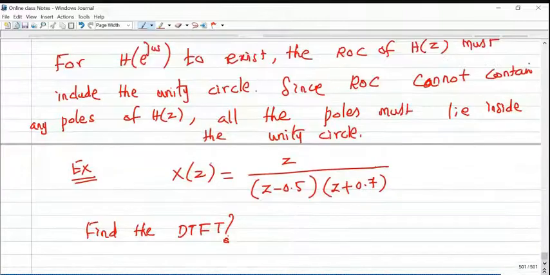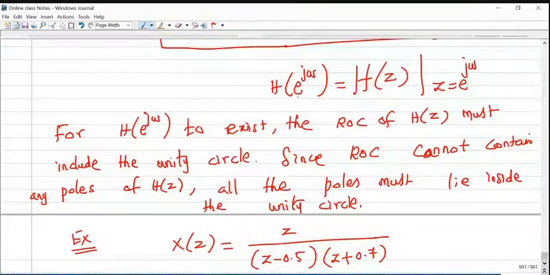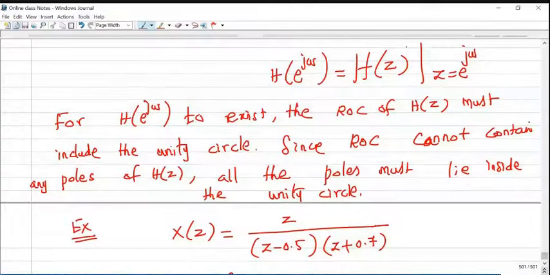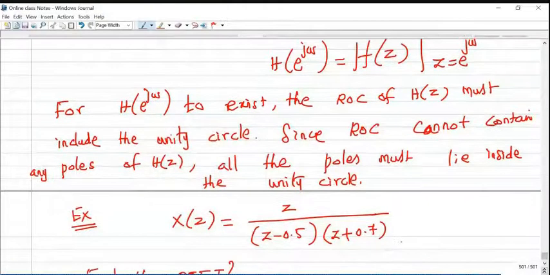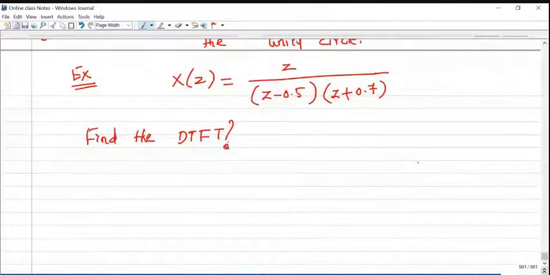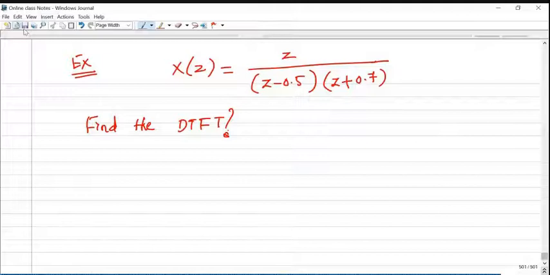That is what we discussed so far. X(e^(jω)) is equal to X(z) when r equals 1. Otherwise, how to check this? Check the poles of your X(z). If all the poles lie inside the unit circle, then you can replace z by e^(jω).